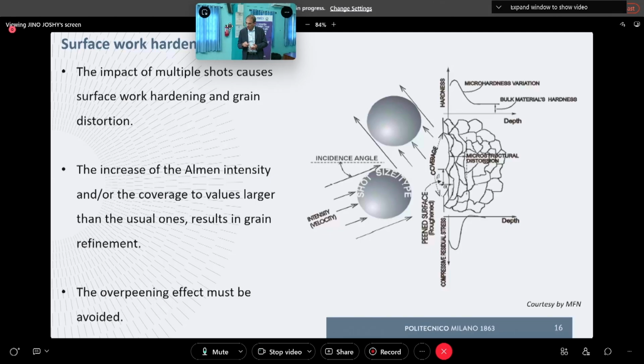And do not forget that in this severe shot peening, grain refining is okay, but if we are exaggerating, we are going to get overpeening, and this is an unwanted condition, because in this case we are going to decrease the effectiveness of shot peening. Okay.